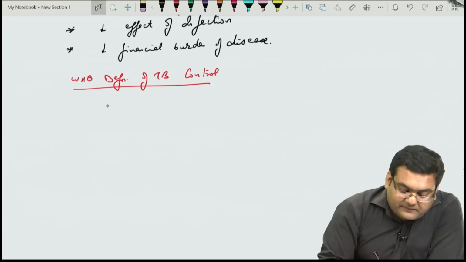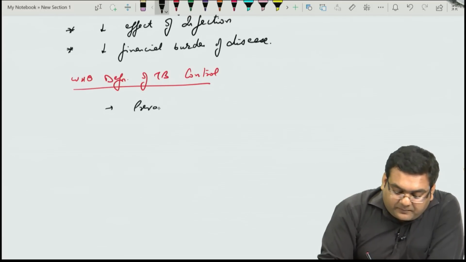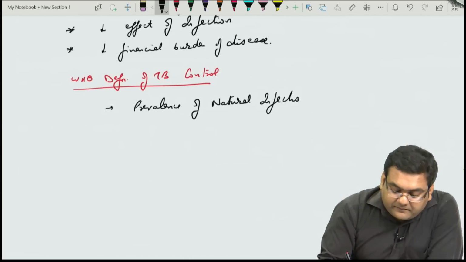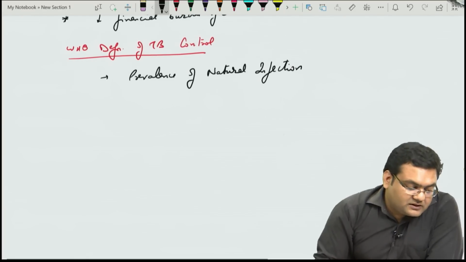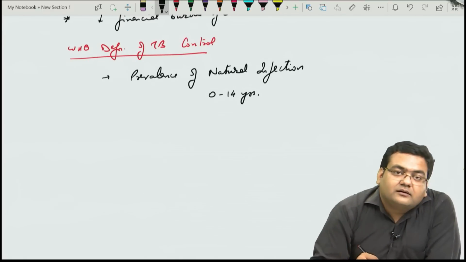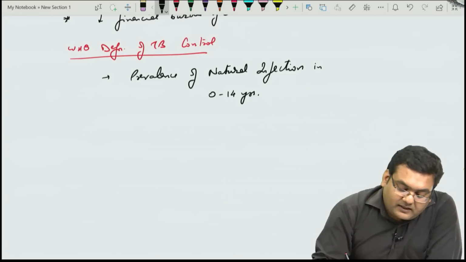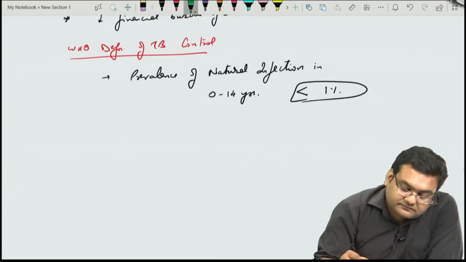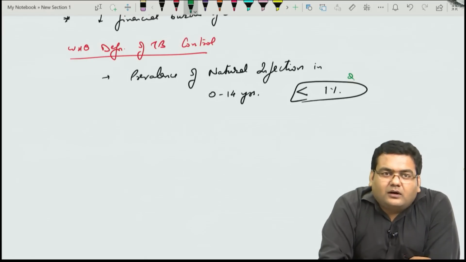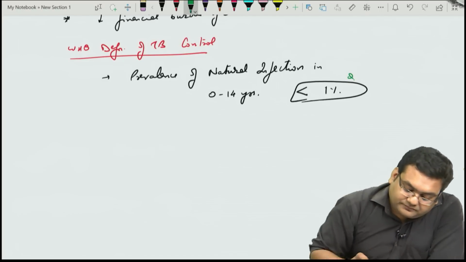It is defined as when the prevalence of natural infection in the age group of 0 to 14 years is less than 1%. Then we call it TB control according to WHO.